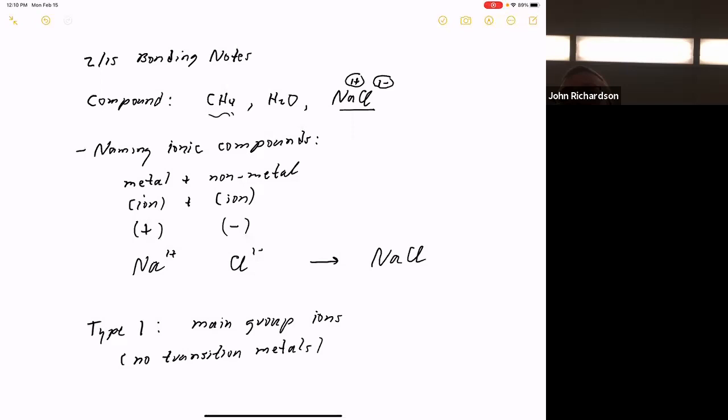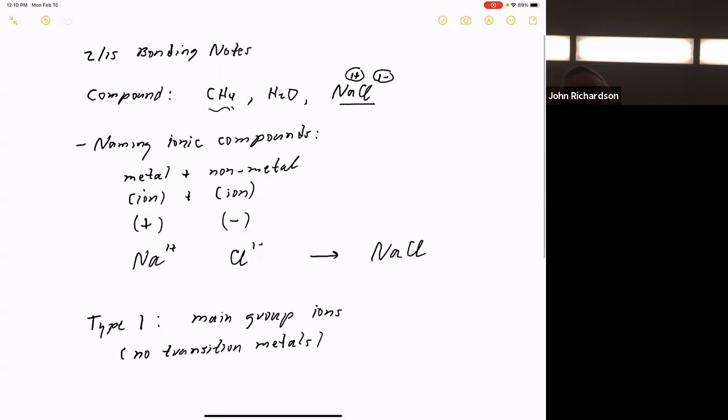All right, so I want to focus first on these ionic compounds. Again, how do I know whether I've got an ionic compound? An ionic compound is always going to be a metal ion combined with a non-metal ion. In other words, we're looking for something on the left-hand side of the periodic table combining with something on the right-hand side. Metals tend to be on the left, the non-metals on the right.